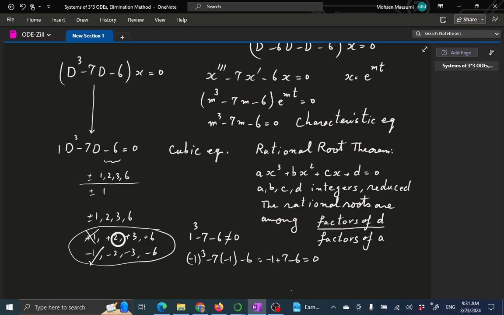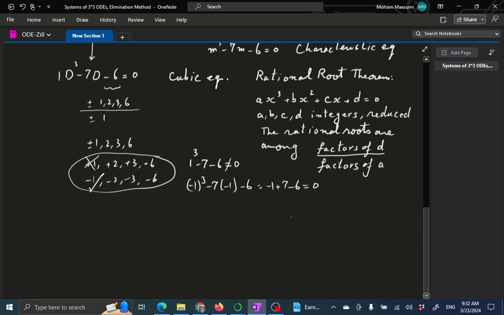Now I can proceed and check these things one by one to see what works and what doesn't. Option 2 is that as soon as you find a root, factor and simplify your task by looking at a smaller equation. So 2 ways to proceed.